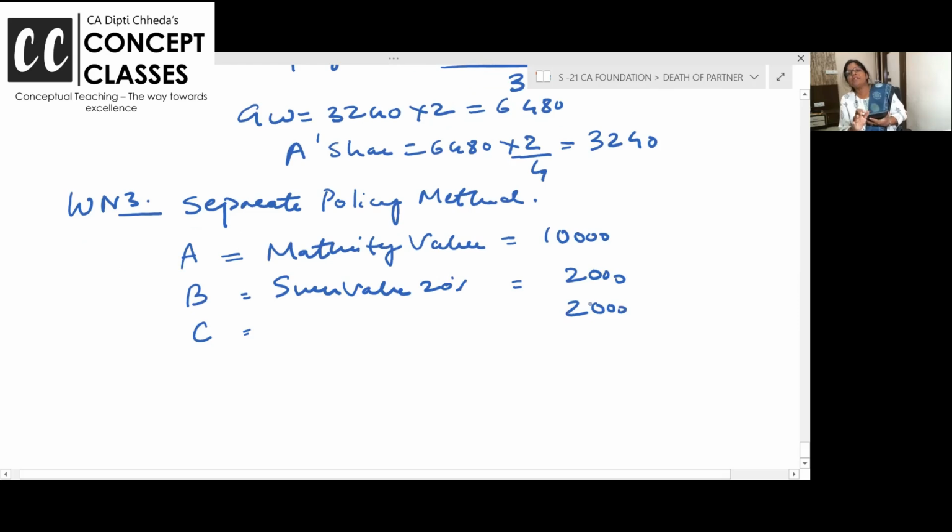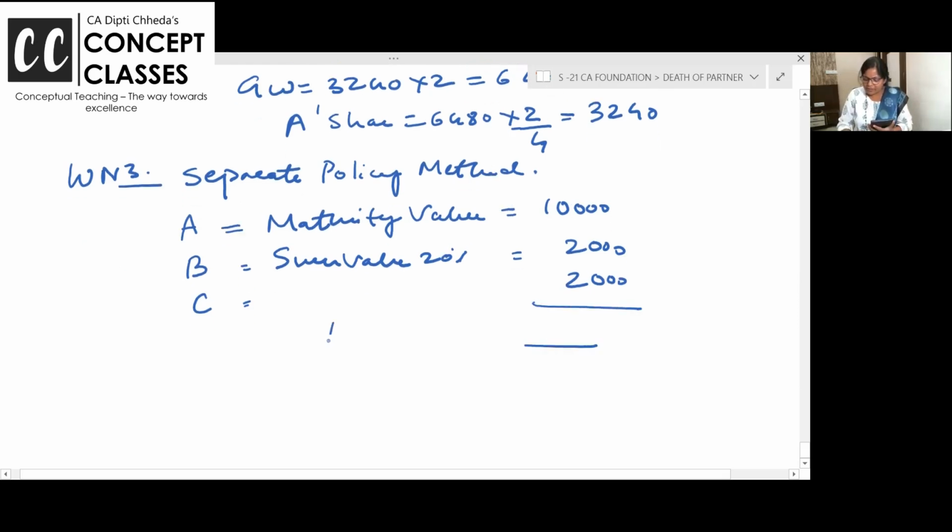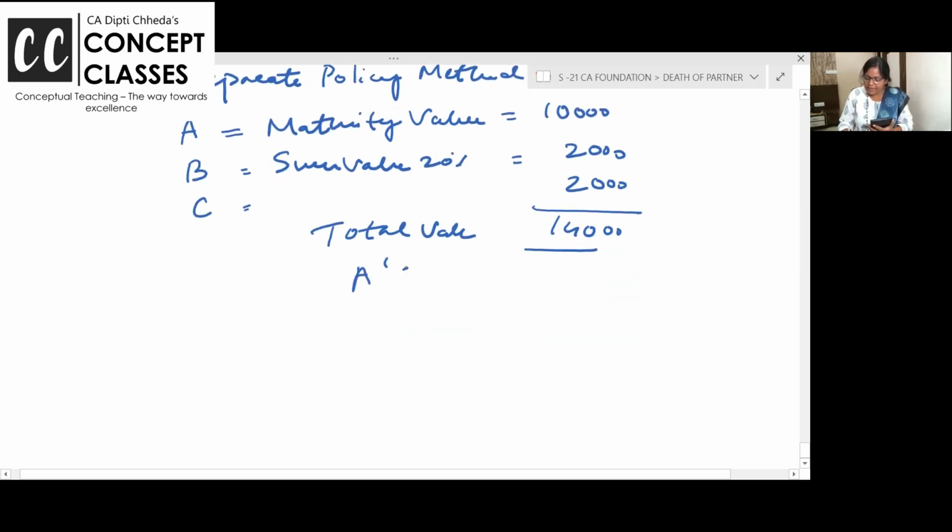For deceased partner, take maturity value. For other two partners, take surrender value. And what is the total value you are getting? 14,000. In that, A's share, give it in his profit sharing ratio.